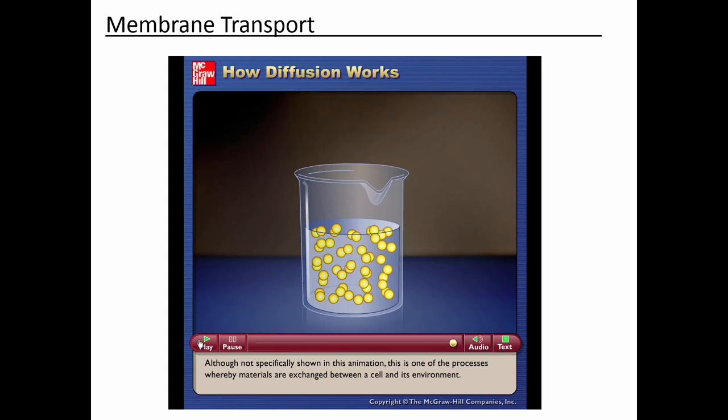Okay, and then the last thing they mentioned in the animation that affects diffusion rate is molecular weight. They called it the size of the molecule. And this parameter is inversely proportional to diffusion rate.